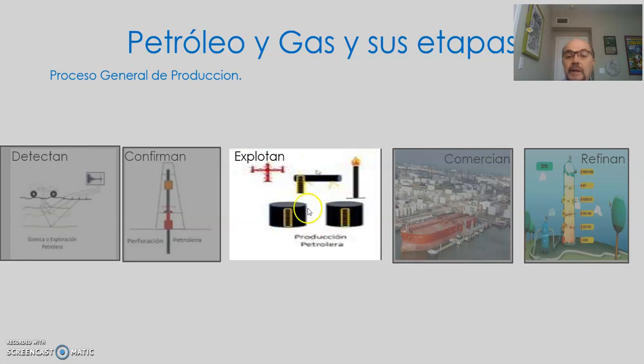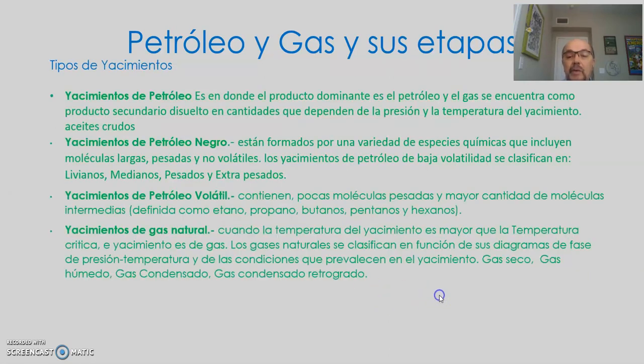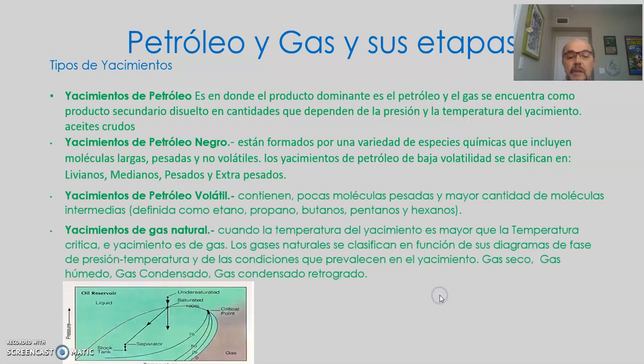So we're still here in our production part, and then we have the classification of reservoirs according to the fluids that we have in the porous media, in the reservoir, in the trap. So we have oil reservoirs. Those are reservoirs of fluids of oil with some gas.